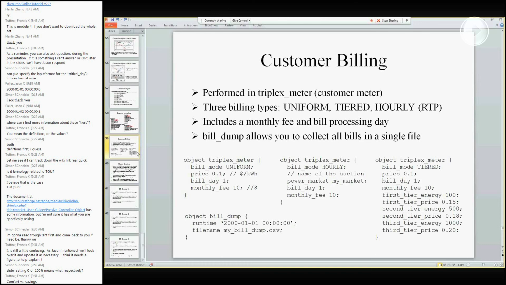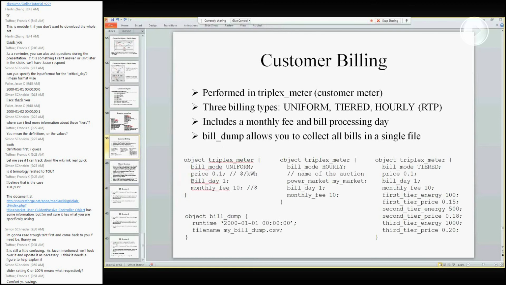But really, what we're looking at is some fairly standard billing types. We have our uniform bill mode, which is just flat rates. So you have a price. This price can either be just a flat rate, where you could feed in a player or a schedule or something like that. You notice there's this setting called bill day. This is the day of the month that the bill is calculated or processed.